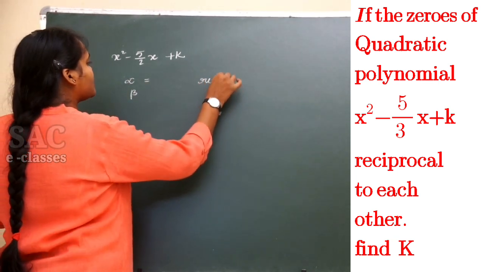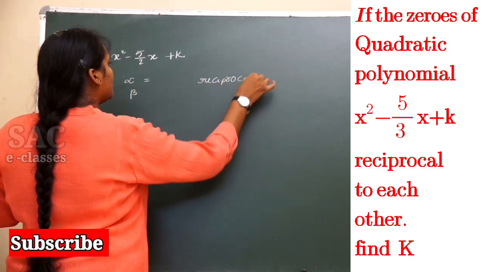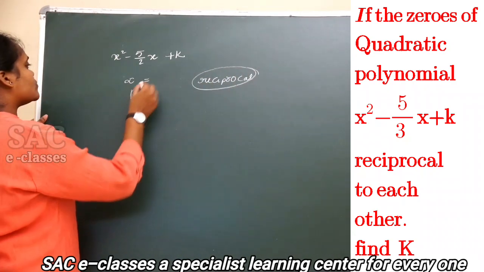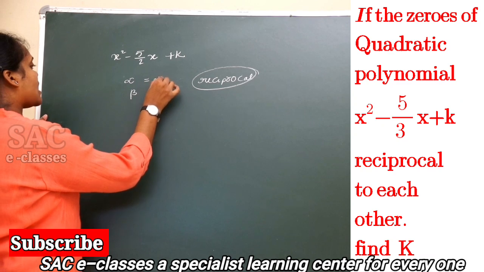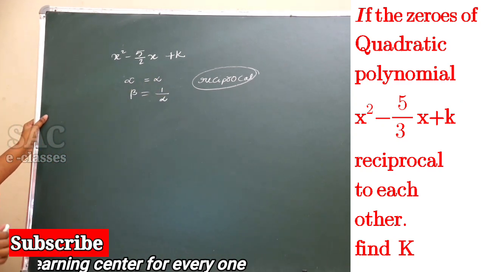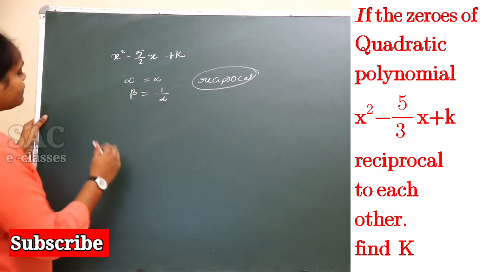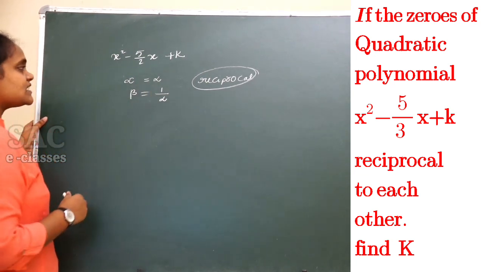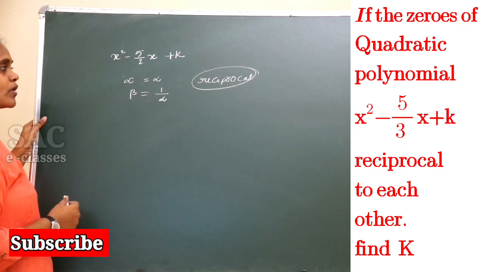When they mention the word reciprocal, we should assume the roots: alpha is alpha but beta is 1 by alpha. The reason is they said reciprocal.